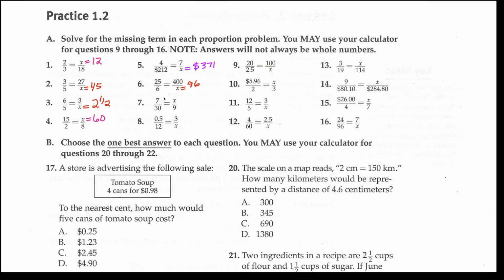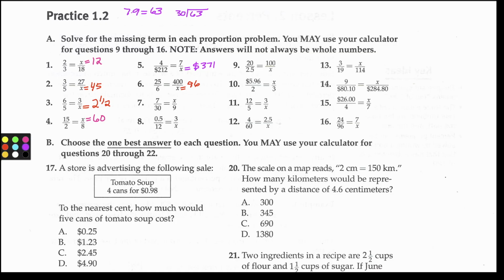Number 7. In this case, we will multiply the 7 by the 9, because diagonally those two are givens. So 7 times 9 is 63. Then divide 63 by 30. Okay.